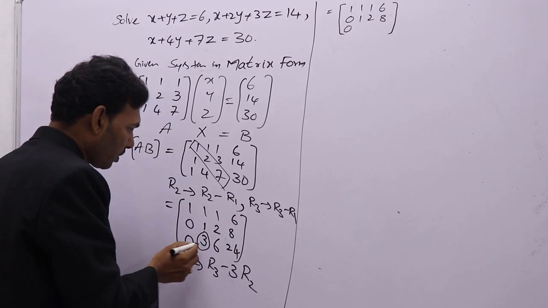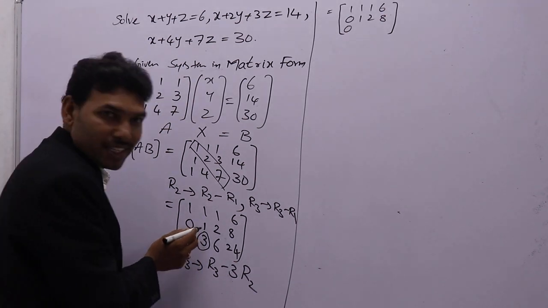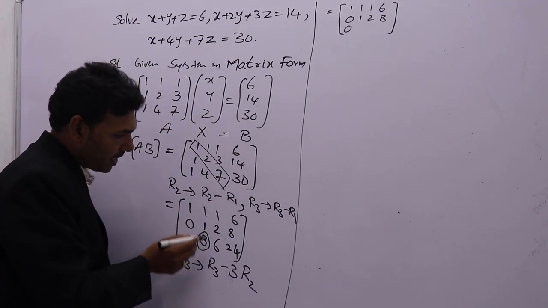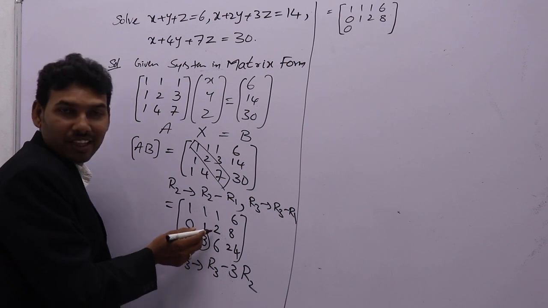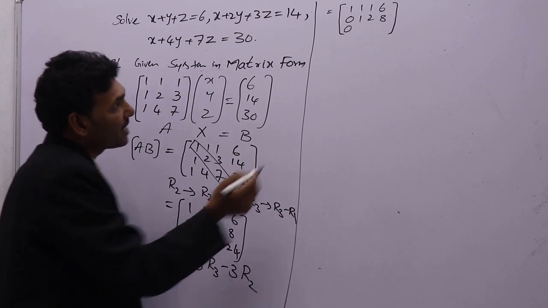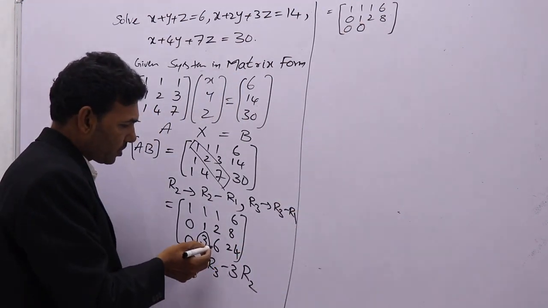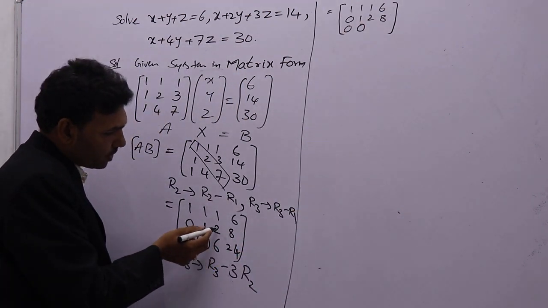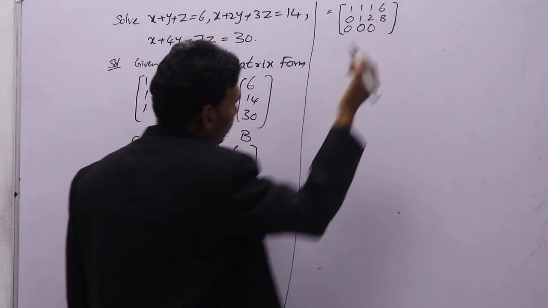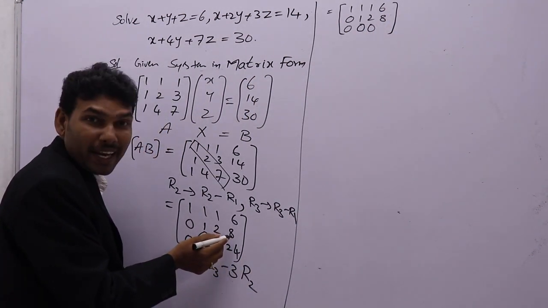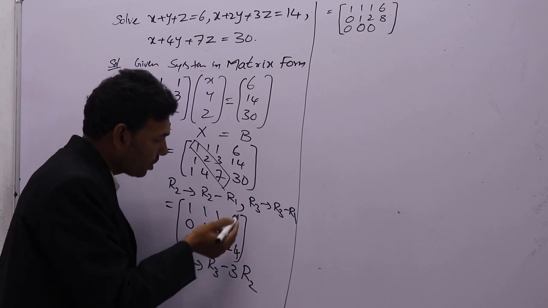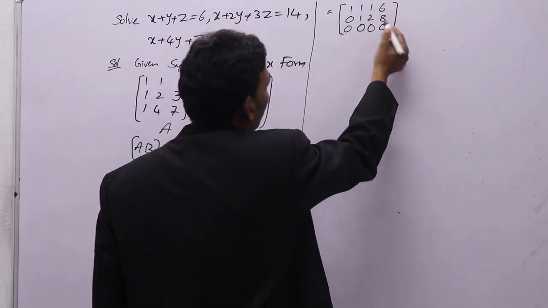Then 3 minus 3 is 0. Multiply this one with 3: 3 times 2 is 6, 6 minus 6 is 0. Next, 24: multiply 8 with 3, 3 times 8 is 24, 24 minus 24 is 0.